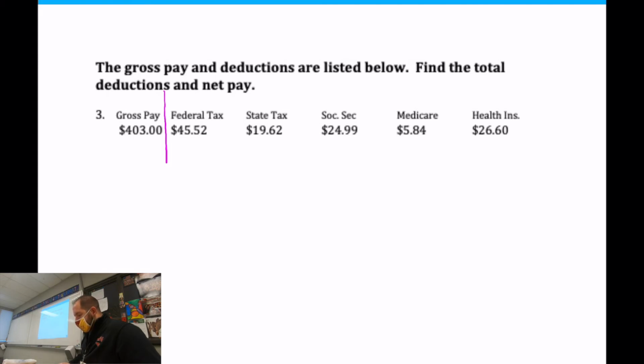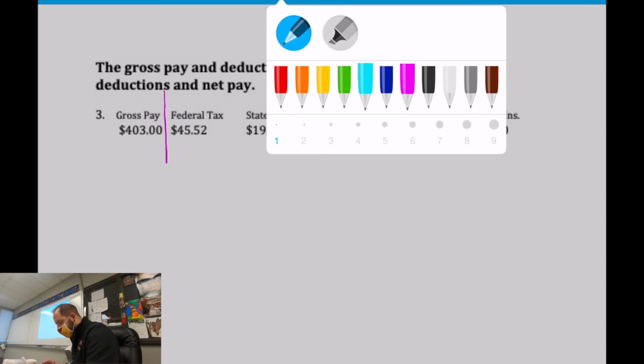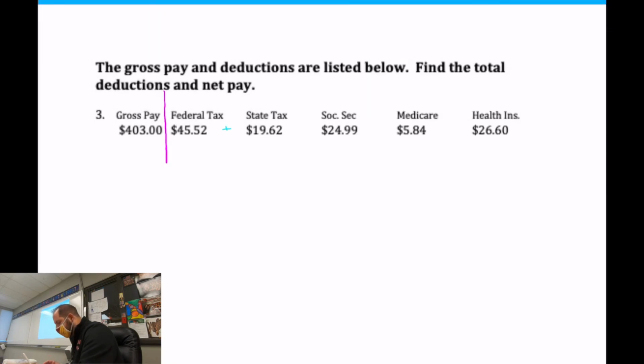Now, for gross pay, you have this, and then all these other numbers. There's a couple different ways you could do this. I would add all these numbers up, like Medicare, health insurance, Social Security, state tax, federal tax, and you're going to subtract them off the gross pay. So when I add these numbers up, the 4552, the 1962, the 2499, the 584, the 2660, what do we get?